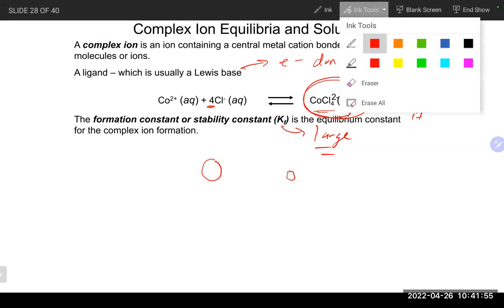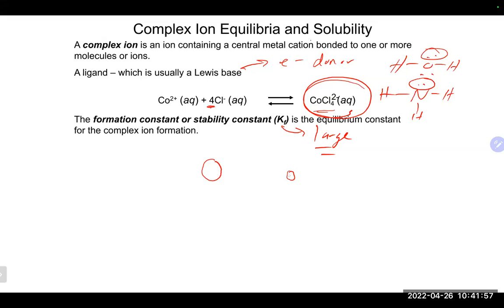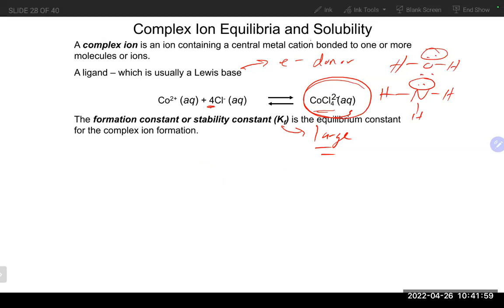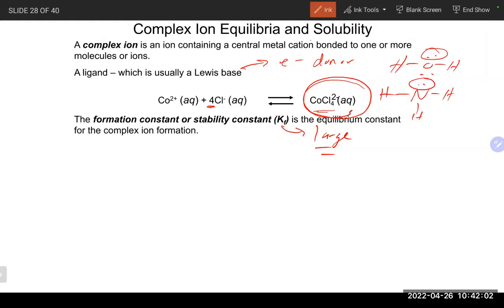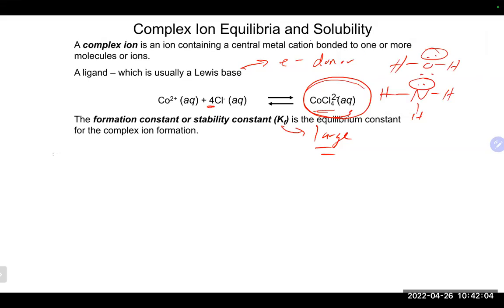If we take the one that we're looking at here, the very first thing that would happen is the cobalt would pick up one chloride. And you would get CoCl+, and you could have a K value associated with that, K1 we'll call it.